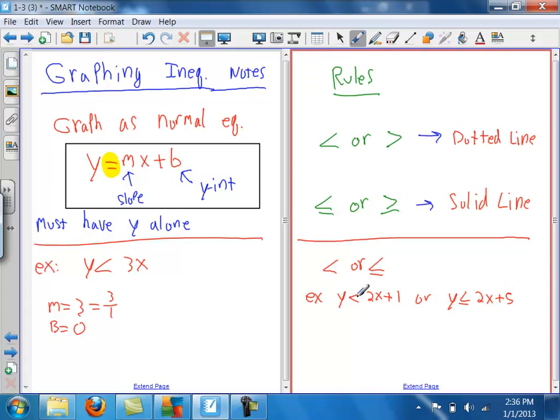It doesn't matter what I put here, it's just saying that it's pointing towards the y. It's saying that the y is less than, so we've got to say less than. When you see these two symbols pointing towards the y, less than means shade below.